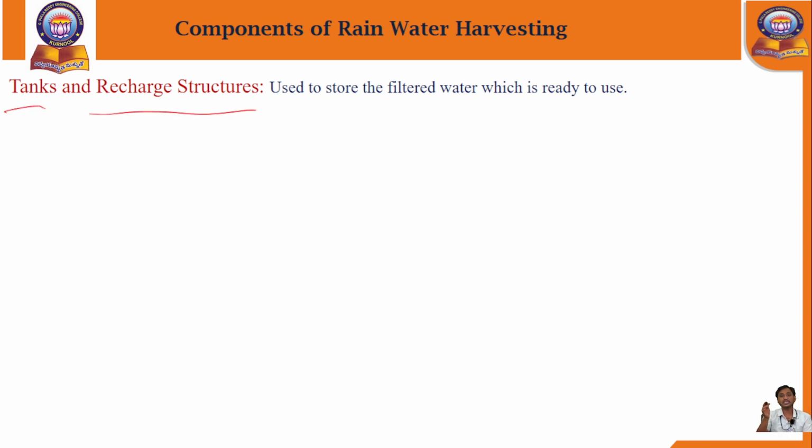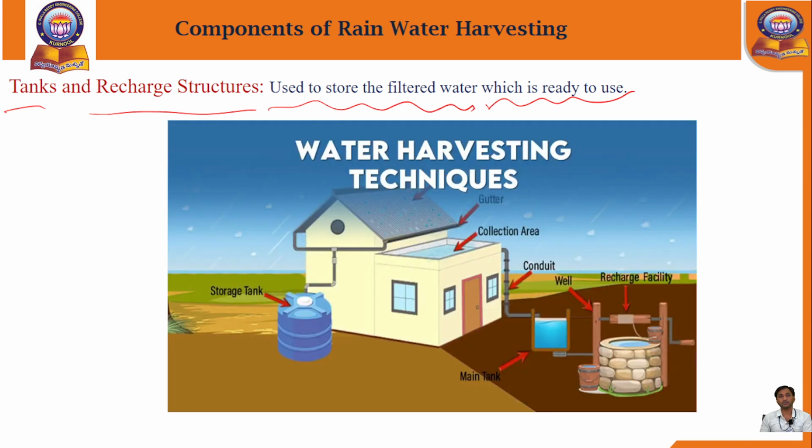These are the secondary storage tanks, which hold filtered water that is ready to use, not sump water. If we use the sump water, some small health issues will come. So we implement the filtration process, and only after filtration, if we want to use that water, we store it in the storage tanks.